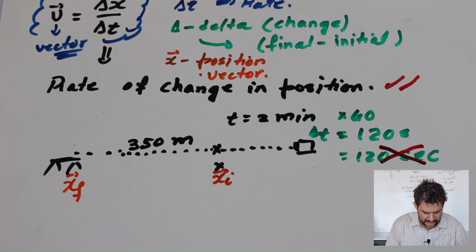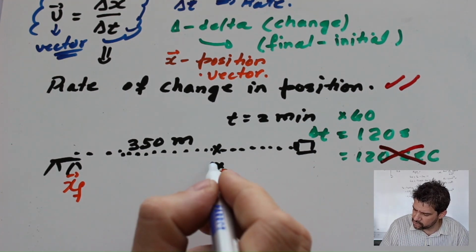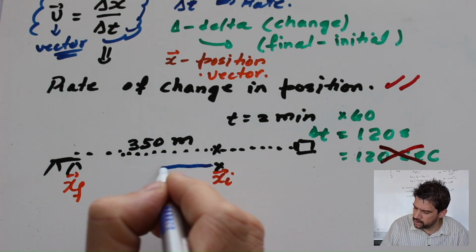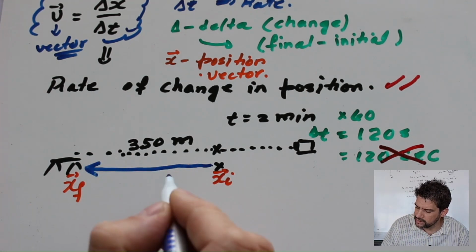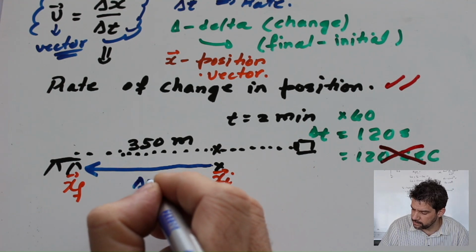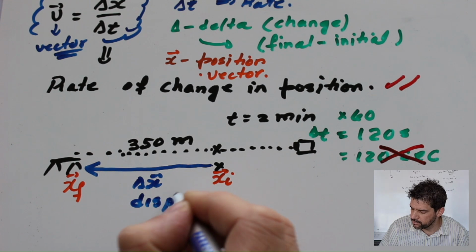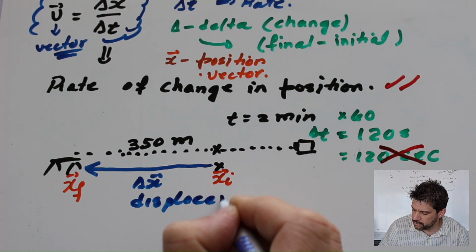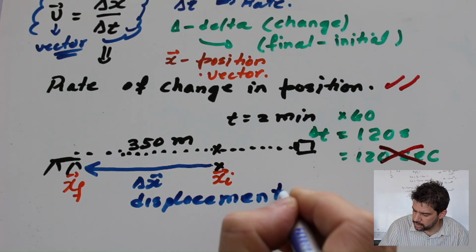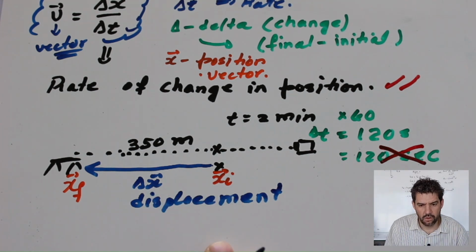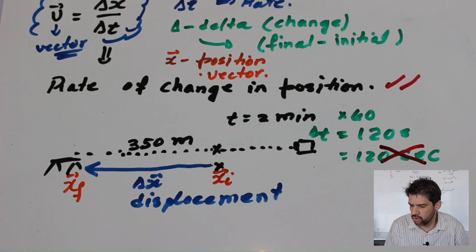If you would have to represent that one with a vector, then it's a vector that is going from initial position to final position. This is what we call change in position, which in one word is displacement. Displacement. All right, so that is the displacement of the object, which is also a vector.